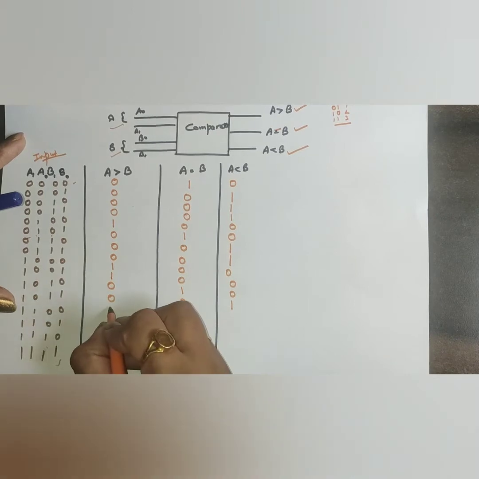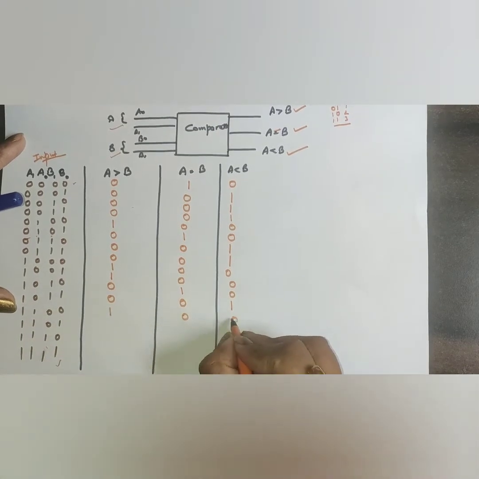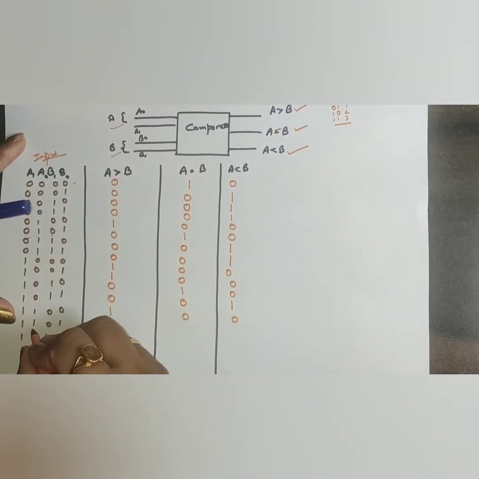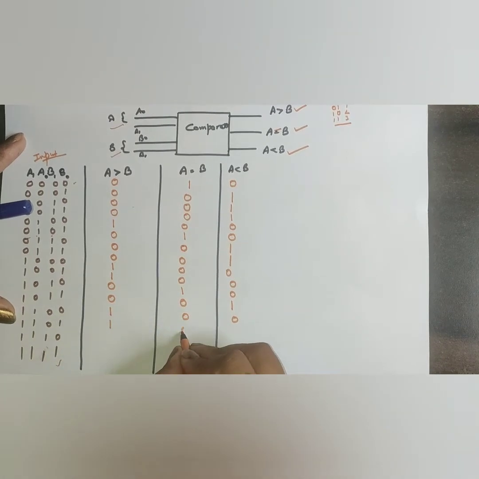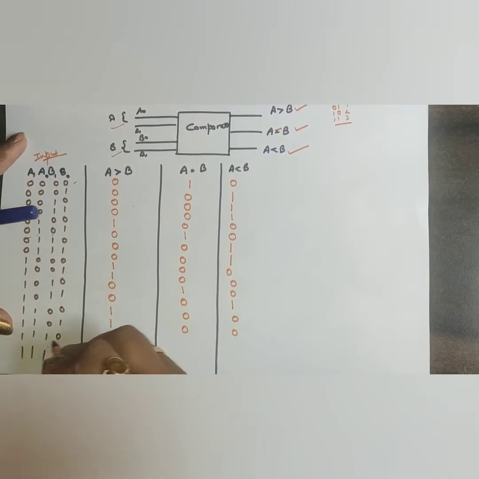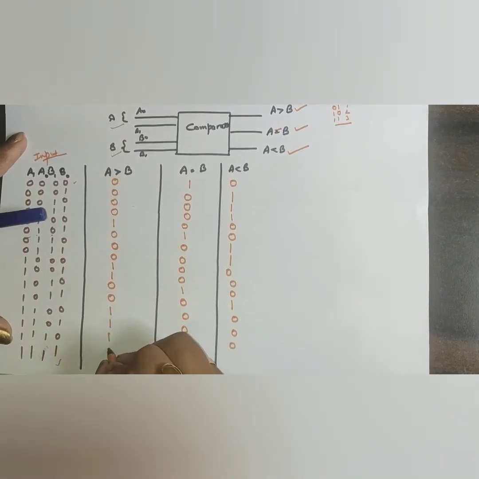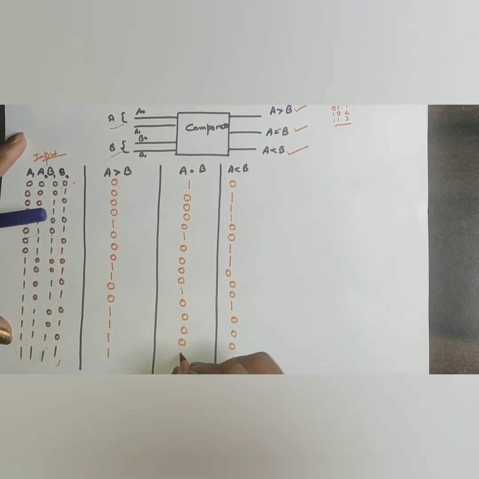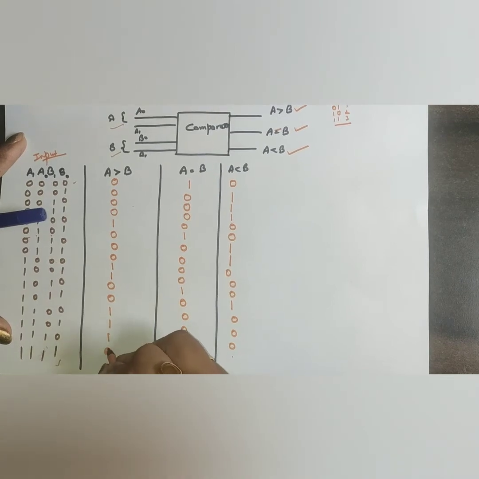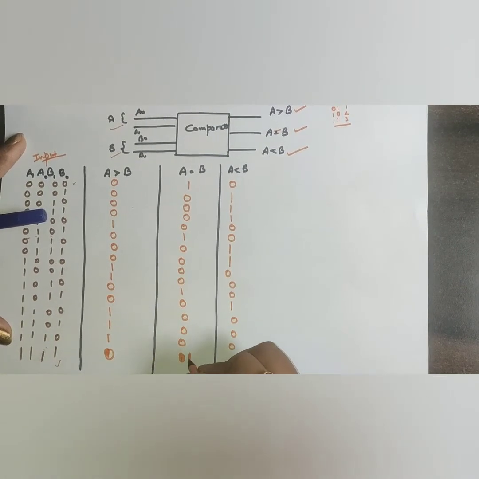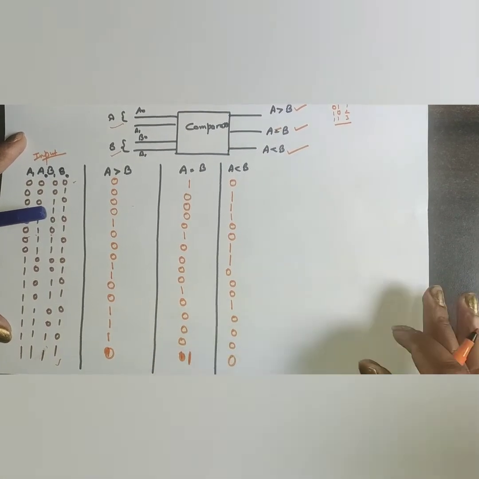For 1 1 0 0 and the following conditions, only A is greater than B and the others are 0. Now this will be 0.